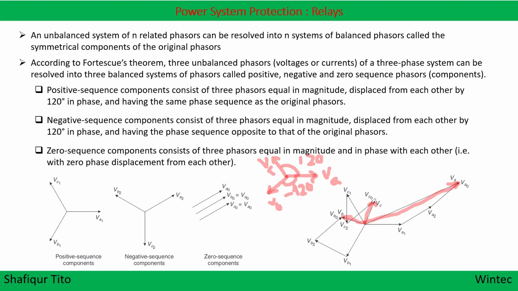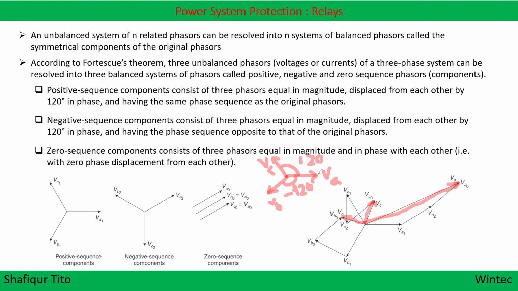We don't know which fault, but it is having some kind of fault. And these three phases are different. That means I cannot represent my system with a single phase system, so my calculation becomes complicated.